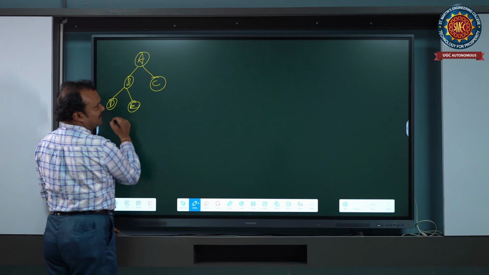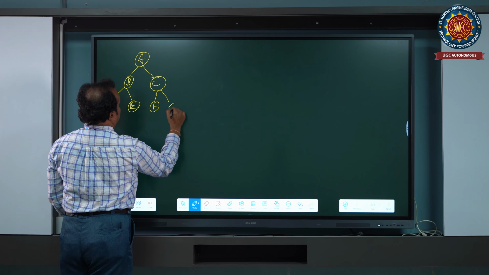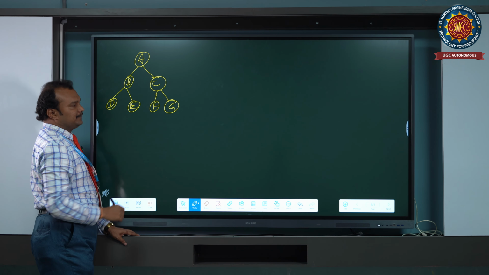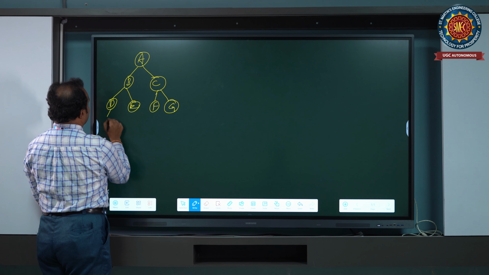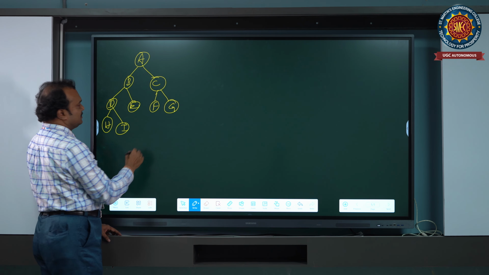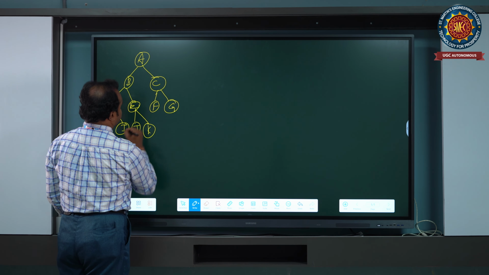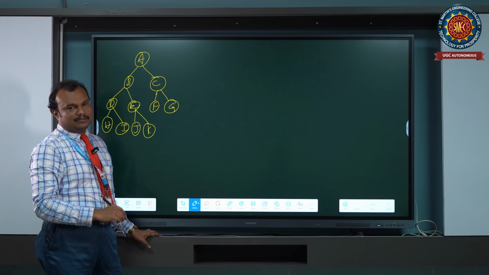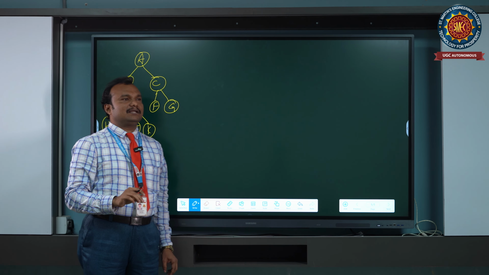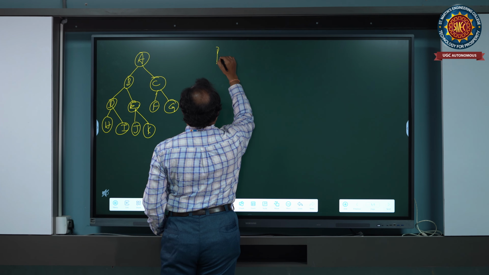So next child will be E. So C's child will be F. So the right child will be G. Then followed by the H, I. Then the children to the E will be J and K. Now we want to implement the tree traversal techniques, all 4 types.